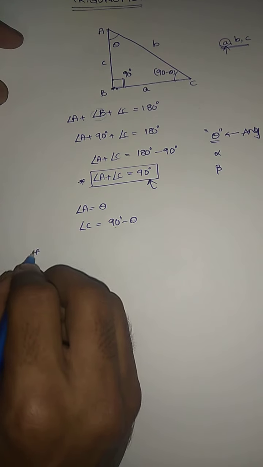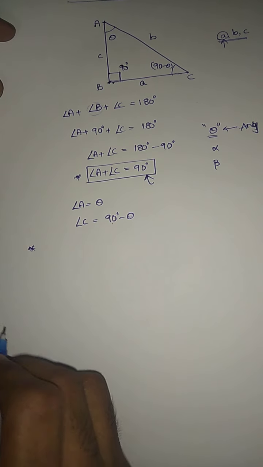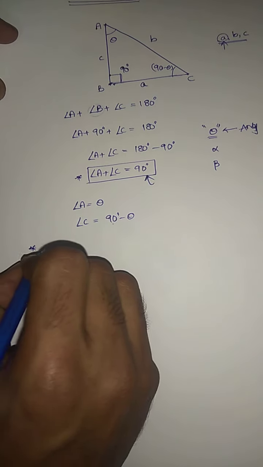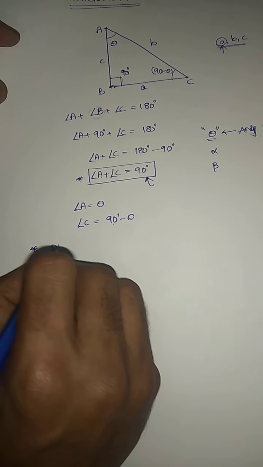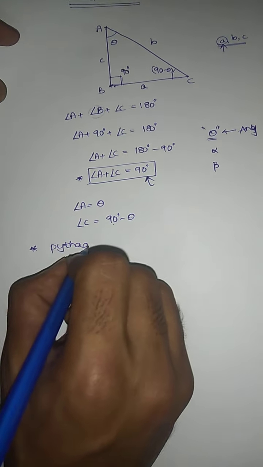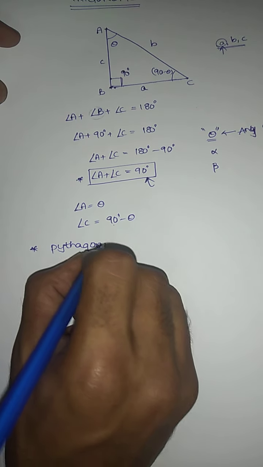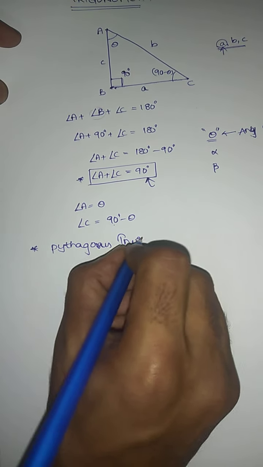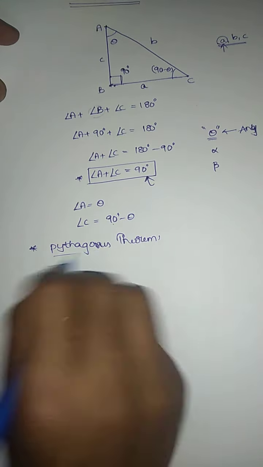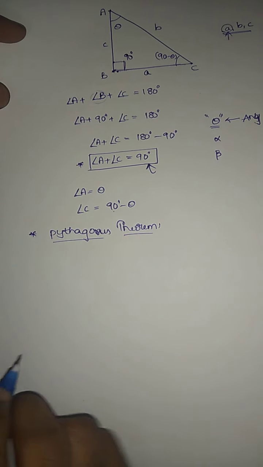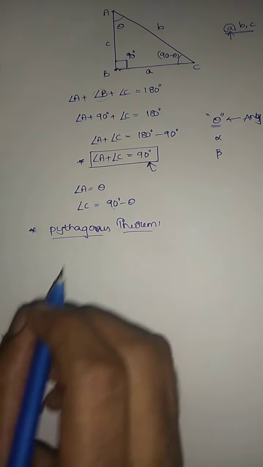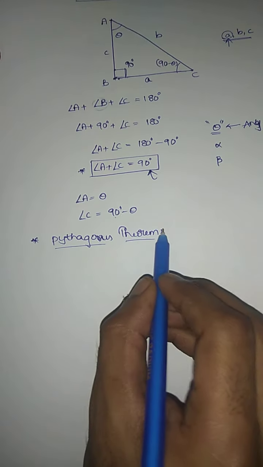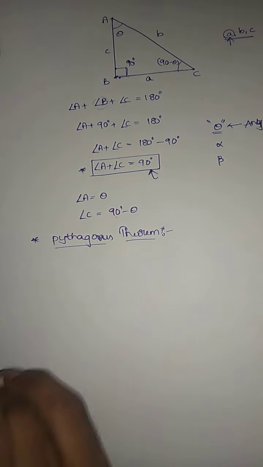Another important property of this right angle triangle is the Pythagoras theorem. I think most of you will be familiar with this topic. According to this theorem, in any right angle triangle ABC, remember this is only applicable to right angle triangles, not any other triangle.